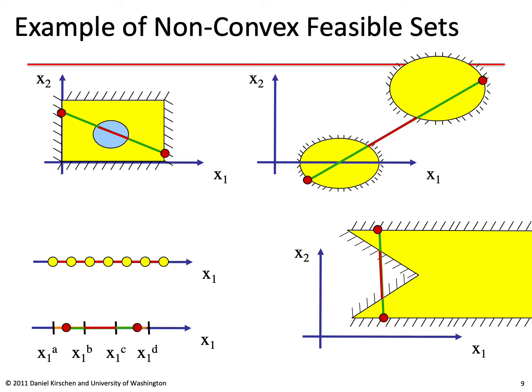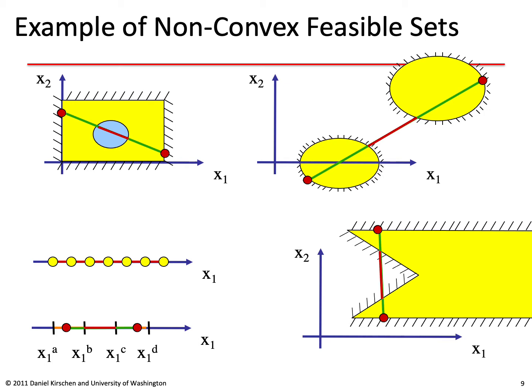The upper right corner example, well, the 2 sets are separate, so if I take a point in each part of the set, part of the line joining these points is going to be outside of the set. In the example on the bottom right, the part of the line that goes out of the jaws of this example is outside of the set. It is therefore non-convex. And the 2 examples on the bottom left corner are also quite important.